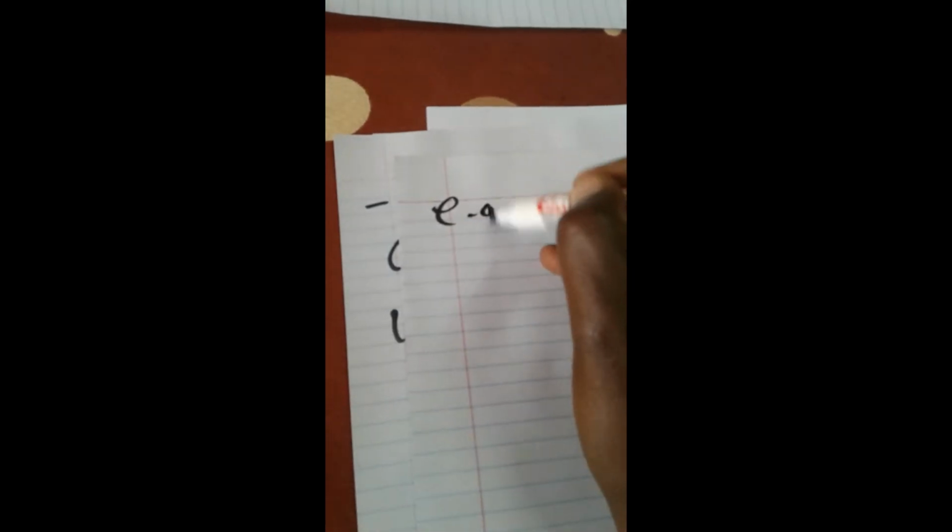So PM is a half of PQ, and therefore M is the midpoint of the two points P and Q. And in general, this method will help us find the position vector and the coordinates of a point which divides a given line in a stated ratio.